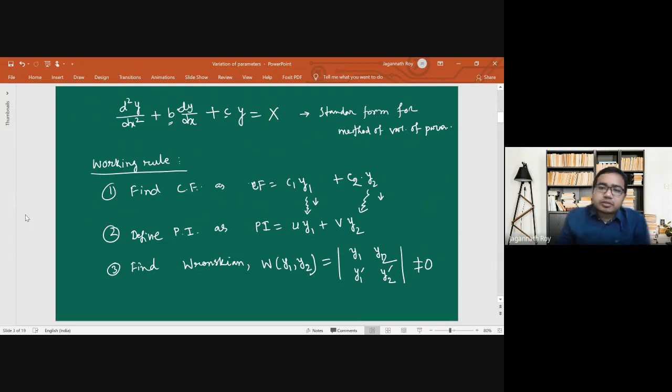If it is non-zero, then we say that y1 and y2 are independent functions. For vectors we use linear dependence and independence, but here we will say just independent solutions. Y1 and Y2 are independent solutions.